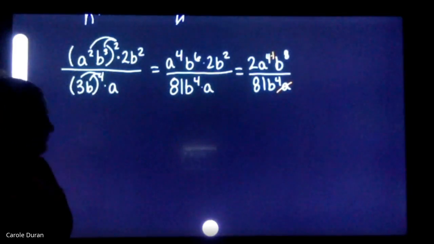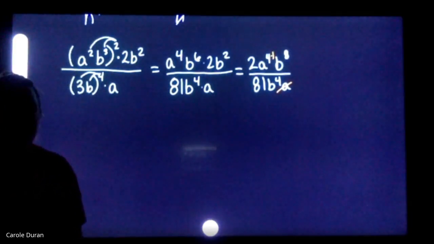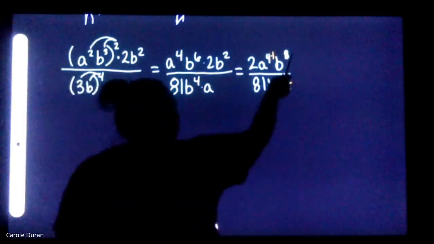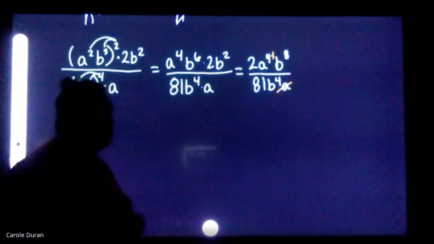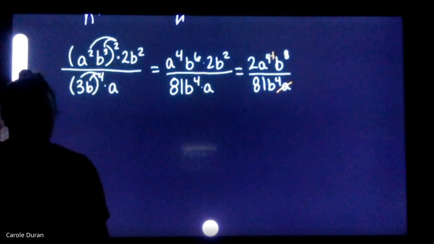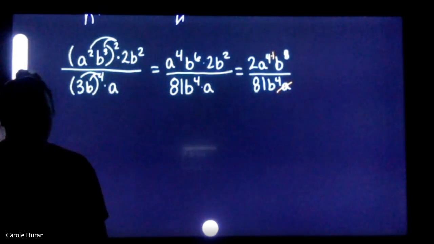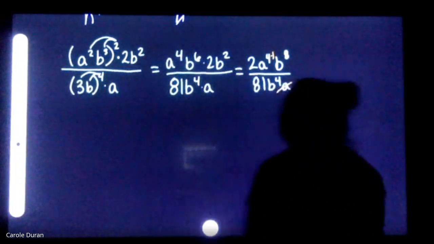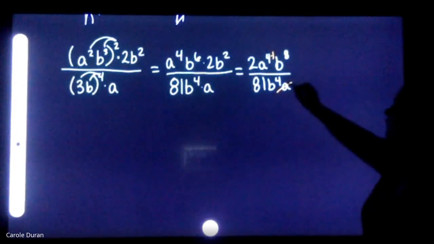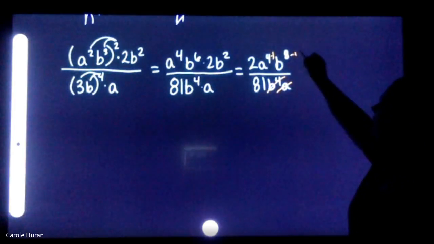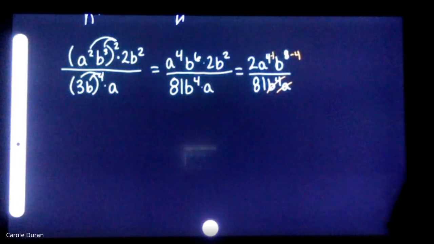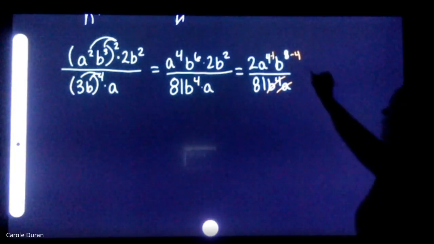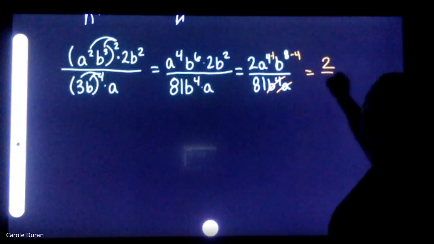The same thing is going to work with the b's. I have a b8 and I have a b4. Which one of those is bigger? B to the 8th, right? Yes, the top is bigger. So that means this b4 from the bottom is going to be subtracted from the b8 in the numerator, which leaves me with 2 over 81.